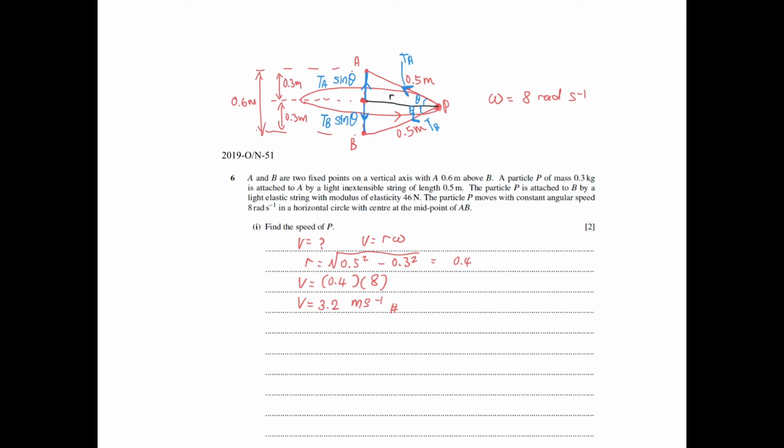The two vertical components should equal each other, so that vertically there is no net force and the particle P remains horizontal. It won't go higher or lower.